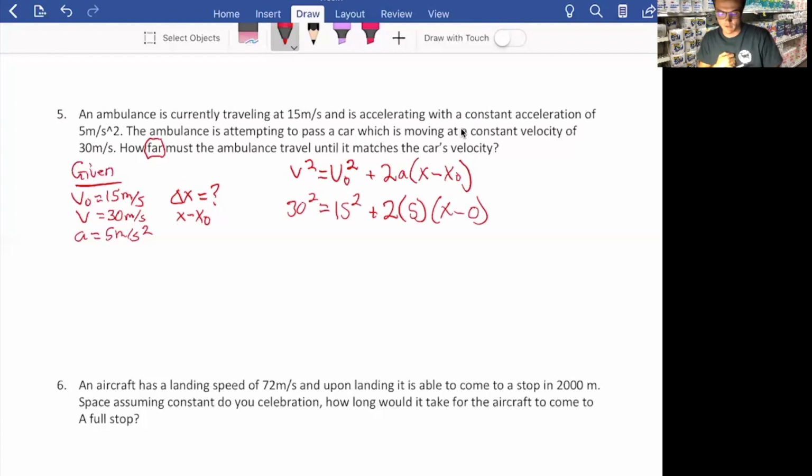And when you solve it all out, you'll get x equals 67.5 meters. Cool, that's our answer, 67.5 meters.